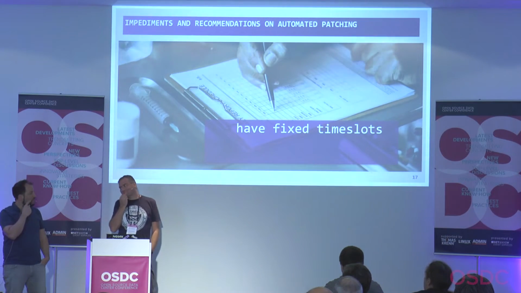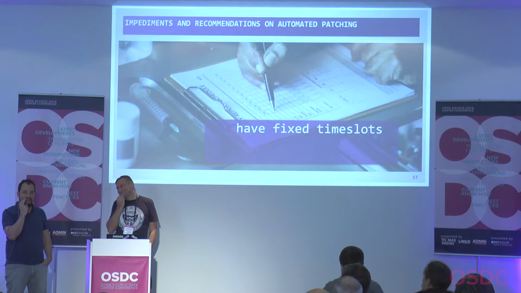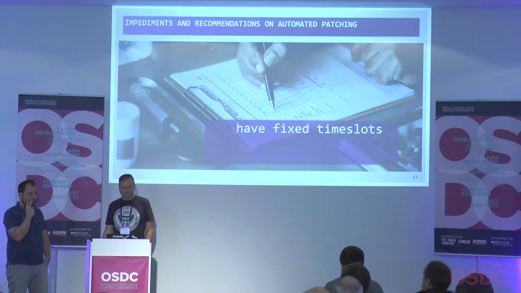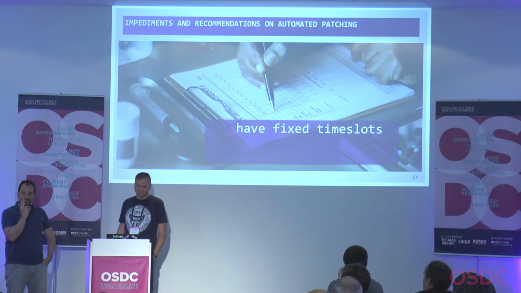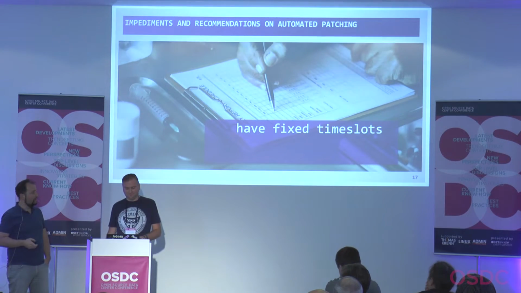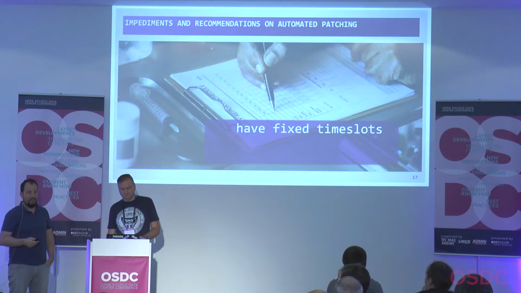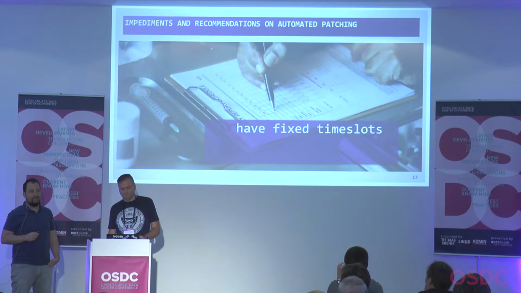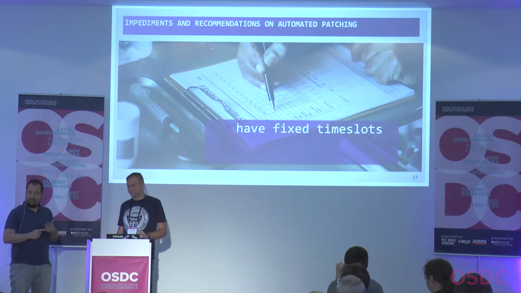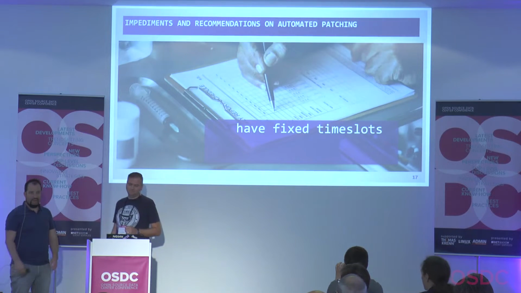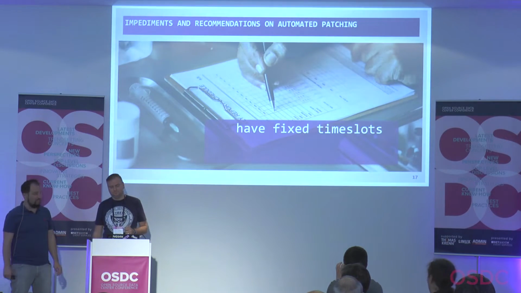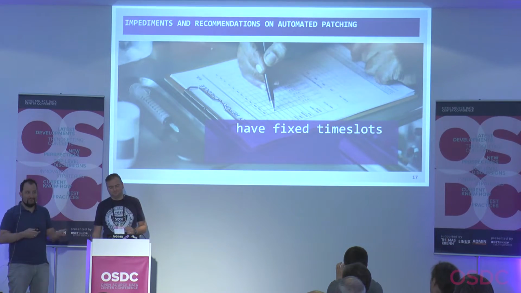So we mentioned before that we have a 4-week cycle, but you can't tell your developers we are patching on a 4-week cycle, because then they don't know when you patch. What's a fixed time slot, for example? It's every first Tuesday in the month or every second Thursday, something like that. That's a fixed time slot, and it can be added to a calendar, it can be automated. Every 4 weeks is hard to automate, and it's a different day of the week.